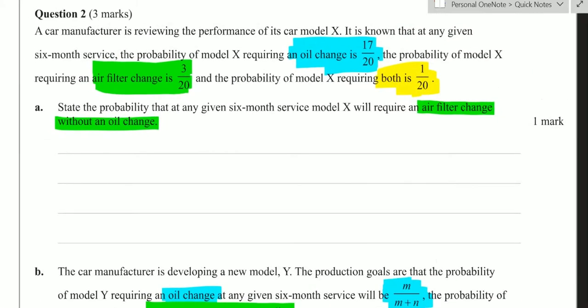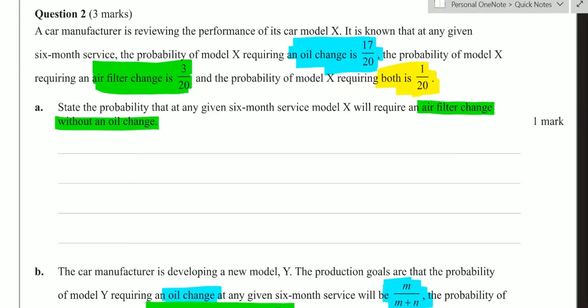So, probability question. I highlighted the important information. The first thing to note with this question is that you're going to use a Karnaugh map for it. I guess it's binomial because you can assume that a car either needs an oil change or air filter change.